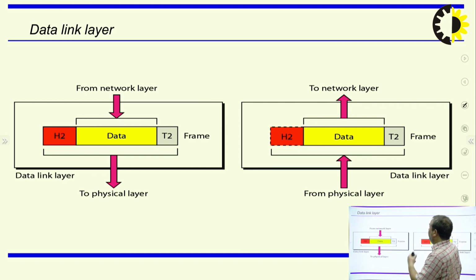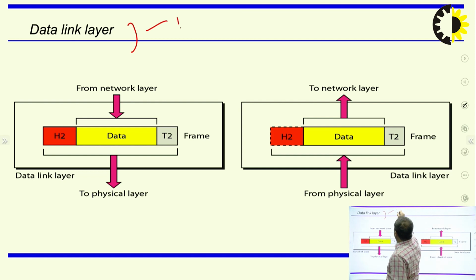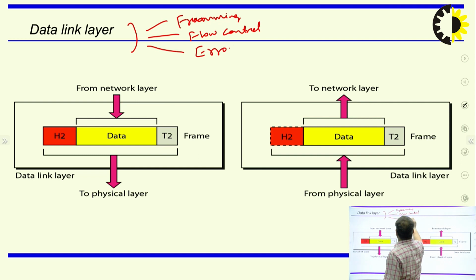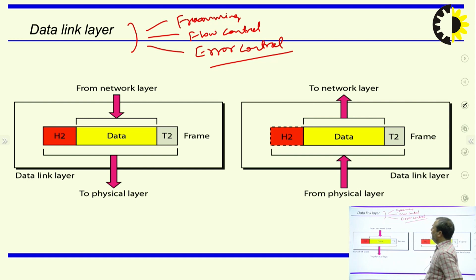Now, what will be the job of the data link layer? The data link layer basically has three jobs. One is framing, second is flow control, and third is error control. So the data link layer has the responsibility of framing, flow control and error control.